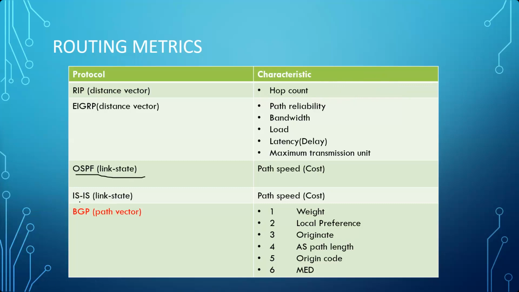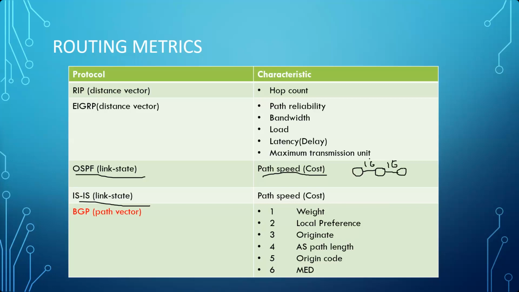OSPF and IS-IS, link state, they like the path speed or the link speed, meaning the link, remember guys, is the connection between the routers. So it's really calculating and saying, what's the speed between these? If this is 1 gigabit and this is 1 gigabit, then it says the whole thing is a gigabit.